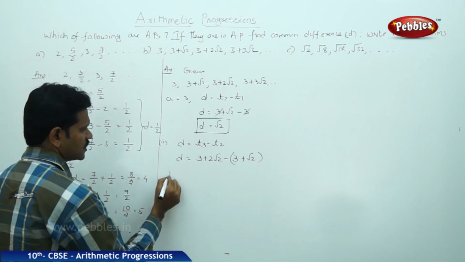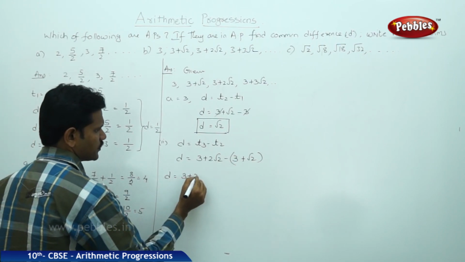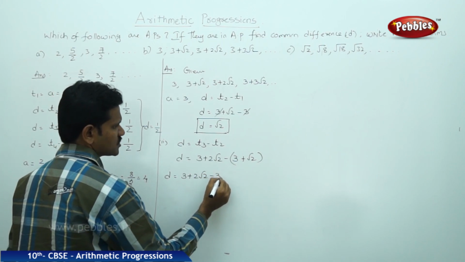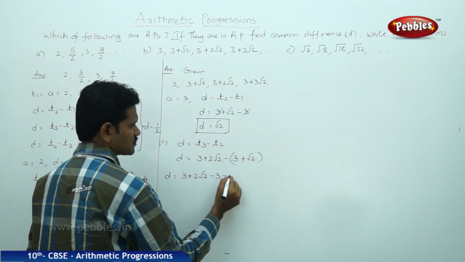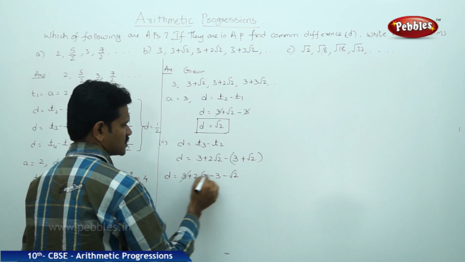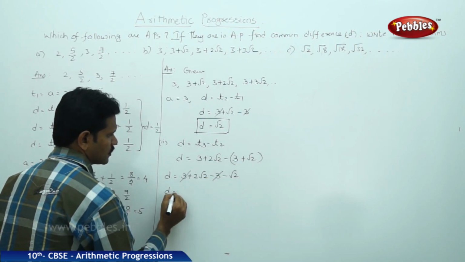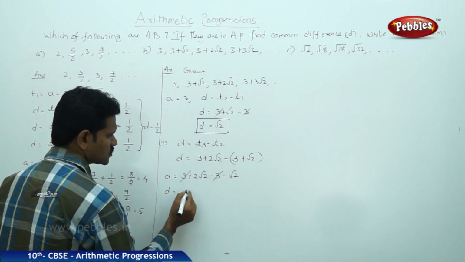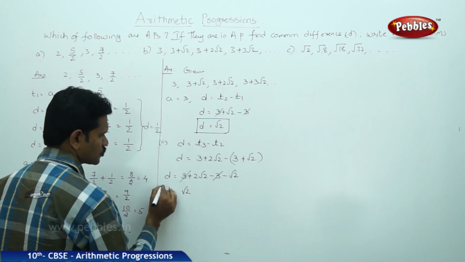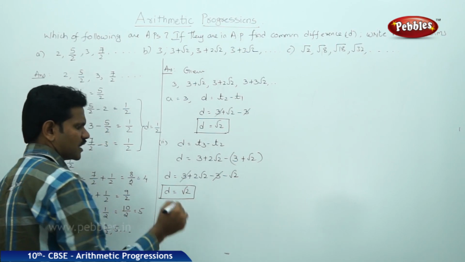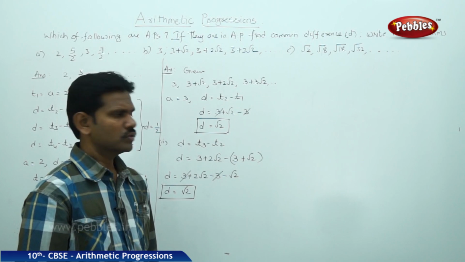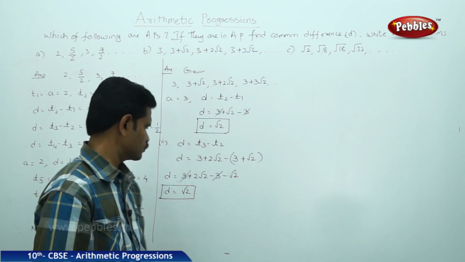That is D is equal to 3 plus 2 root 2 minus 3 minus root 2. 3 minus 3 get cancelled. D is equal to 2 root 2 minus root 2, that is root 2. Yes, in the second case also the answer is root 2.